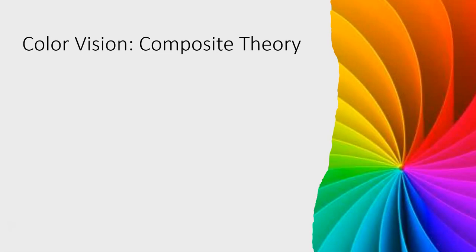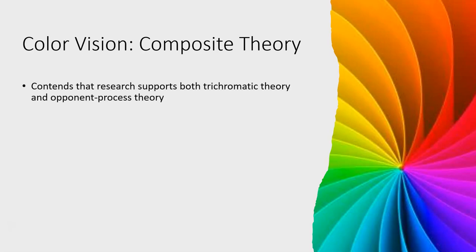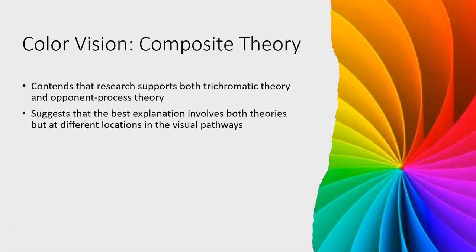Now, there's also a composite theory, which combines the two theories we've already looked at, the trichromatic theory and the opponent process theory. This suggests that to fully understand color vision, you need both, because both correspond to different physiological elements within the visual system. The trichromatic theory is most directly related to the cones themselves and their different sensitivities to different wavelengths of light.